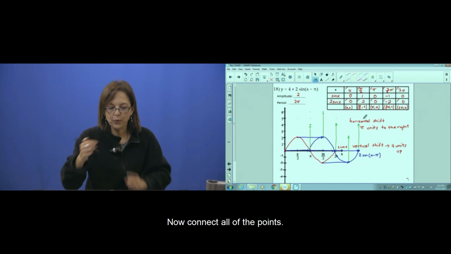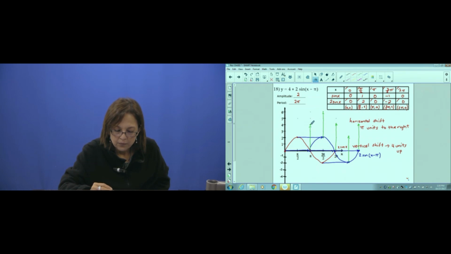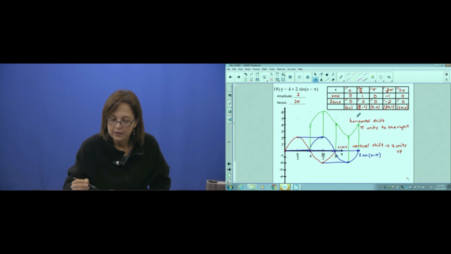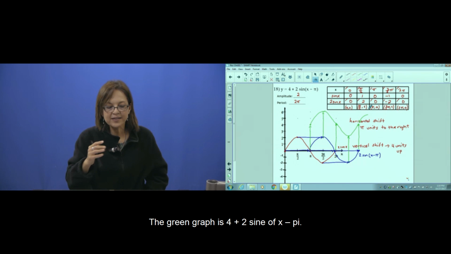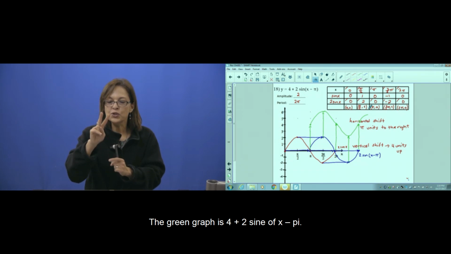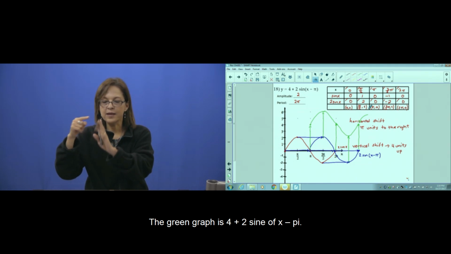Now connect all the points. And the green graph is 4 plus 2 sine of x minus pi.